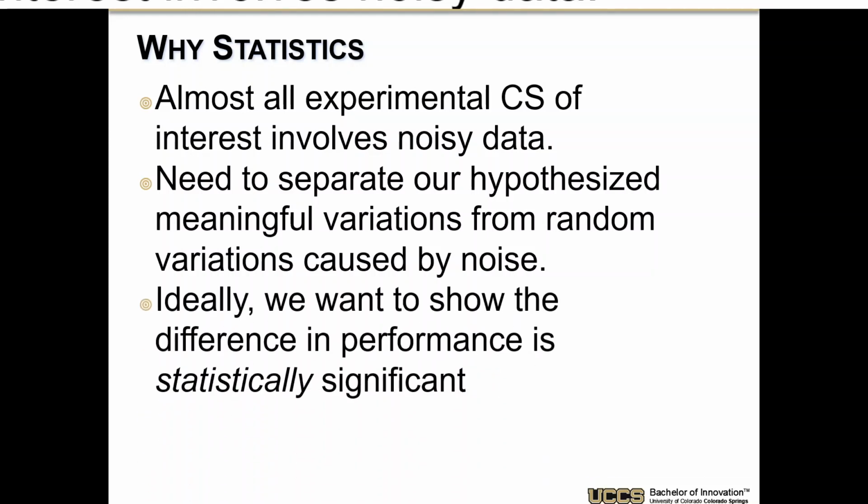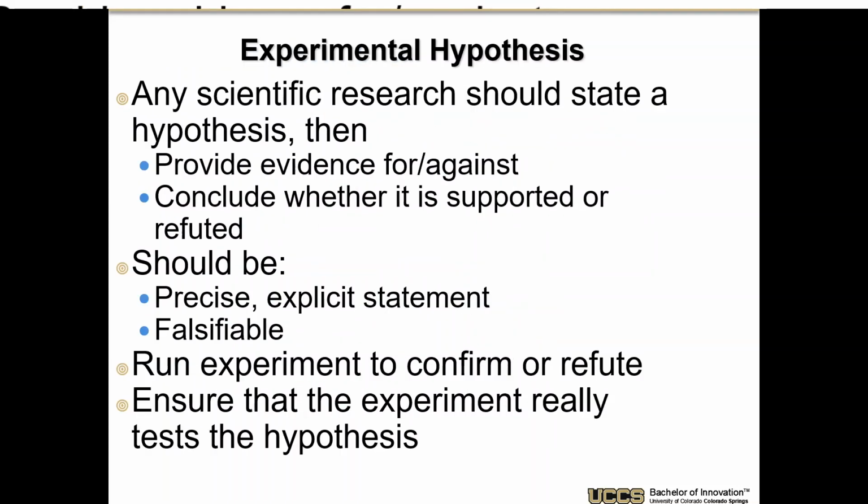Ideally, we want to show the difference in performance is statistically significant. You should be careful when you're writing and talking about significant differences. It should mean statistically significant differences, which means you should test that and see where it goes. Any scientific hypothesis should be stated, and then we should provide evidence for or against it and conclude whether or not it's supported or refuted.